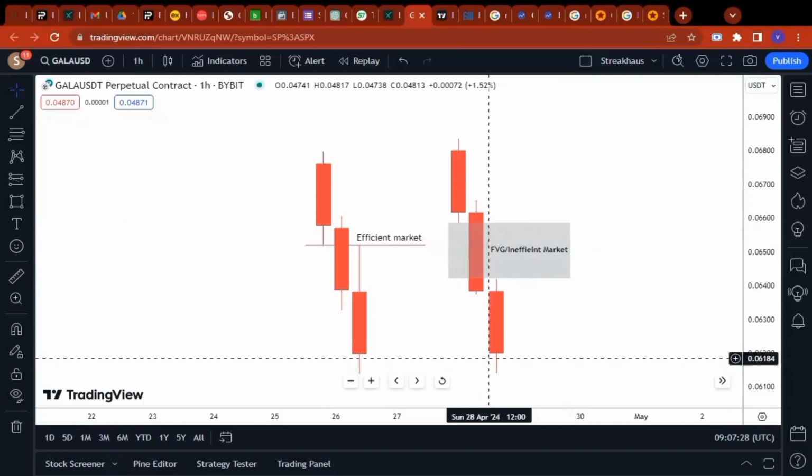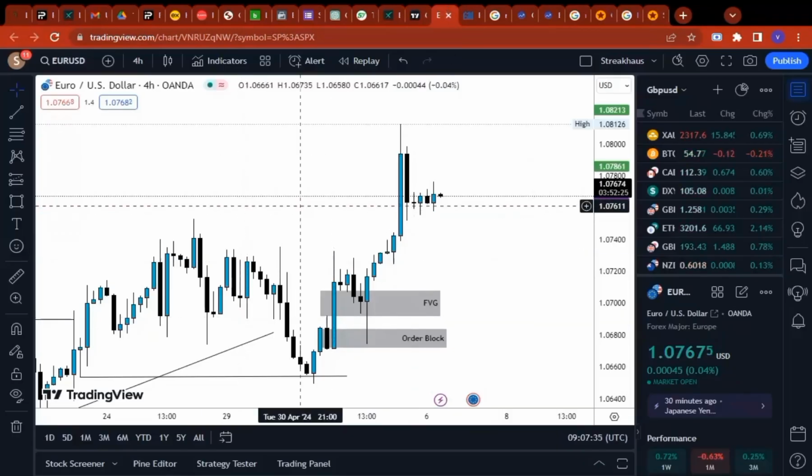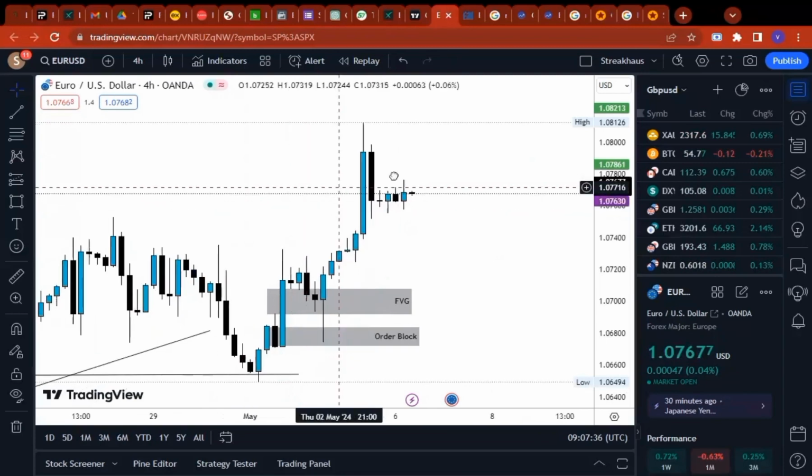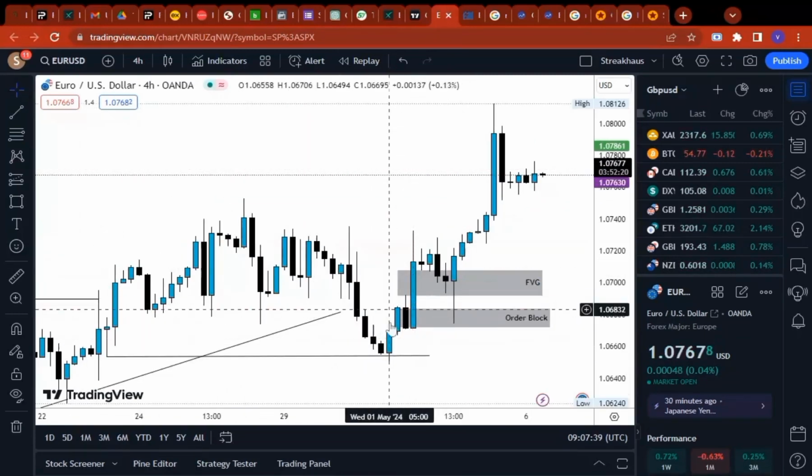So this is Euro USD last week, and we discovered that down here at this point, an order block was formed. This is a very long candle here that moved to the upside, okay?